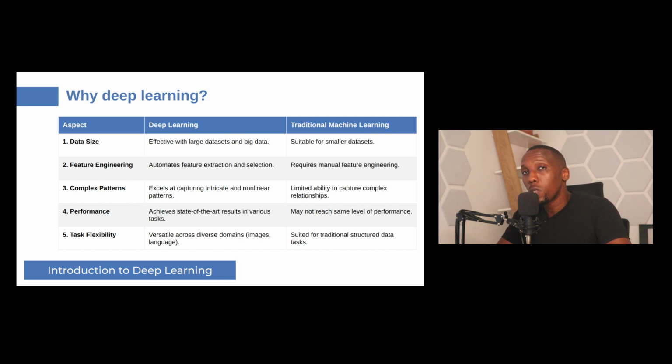Again, when you also want to automate feature extraction and selection, deep learning might come in handy. But if you were to go the traditional route of using the basic machine learning algorithms to create your machine learning models, you might need to perform manual feature engineering in order to achieve your metric of success. Another advantage of deep learning is that you're able to capture intricate and nonlinear patterns in a data set.